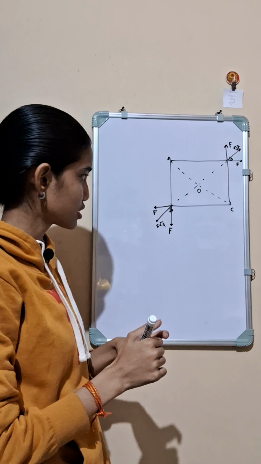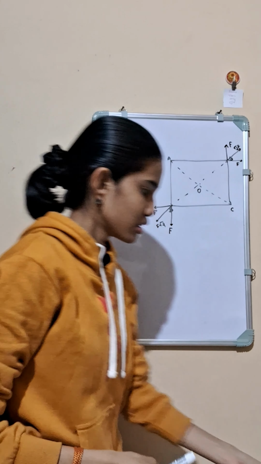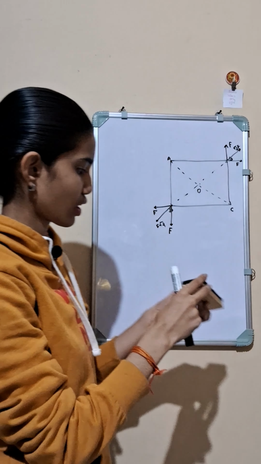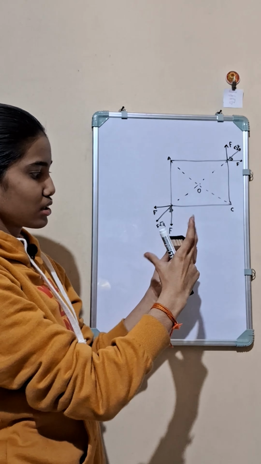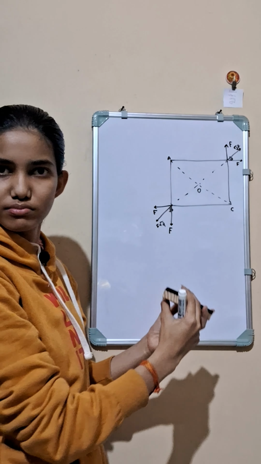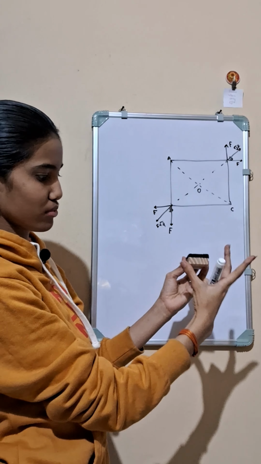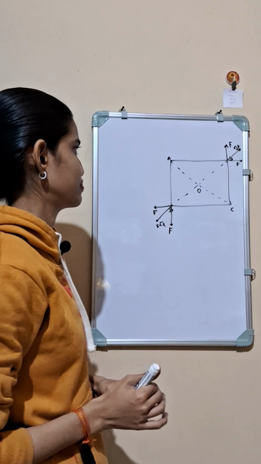Okay, let me first tell you about the surface. I have this force. You can feel that the force is being acted along this corner. So now we have to cut this thing.